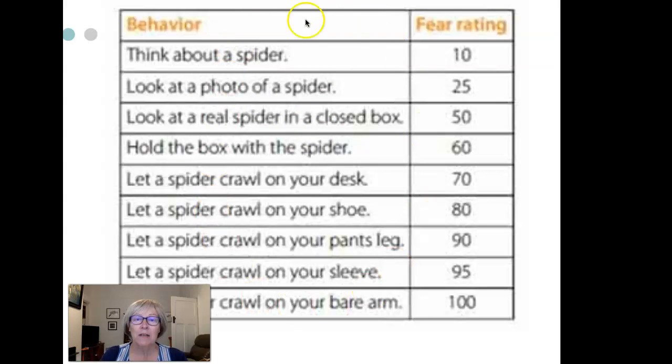So here's another hierarchy for an arachnophobic. So, you might be saying, right, let a spider crawl on your desk, and once the person can visualize that happening and be in a calm place, then you can move along to the spider crawling on your shoe.